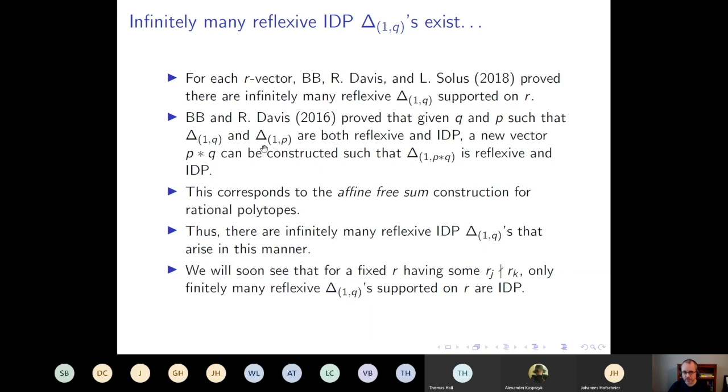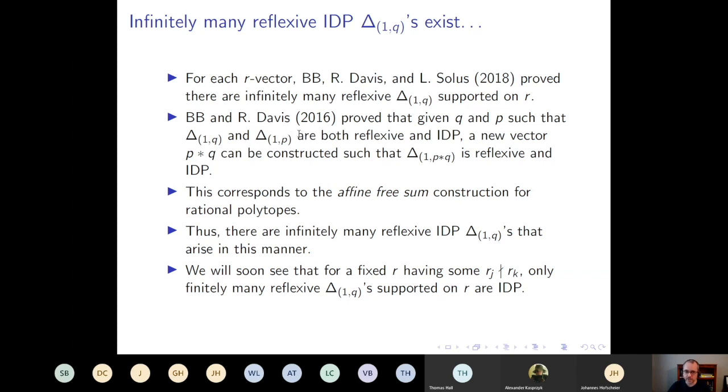So I can take two of these, I can combine them through this operation and produce a new reflexive IDP polytope. And the geometric interpretation of P star Q is that it corresponds to what's called an affine free sum of rational polytopes. So what that tells us is that there's infinitely many reflexive IDP delta 1 Qs that arise in this manner.